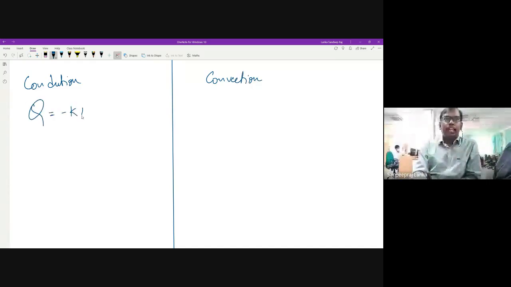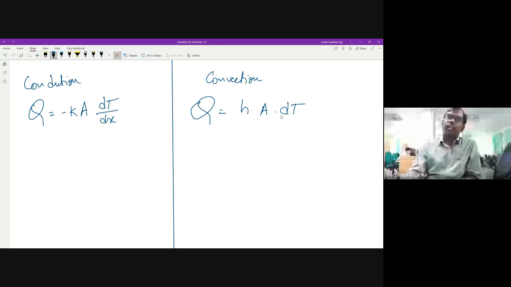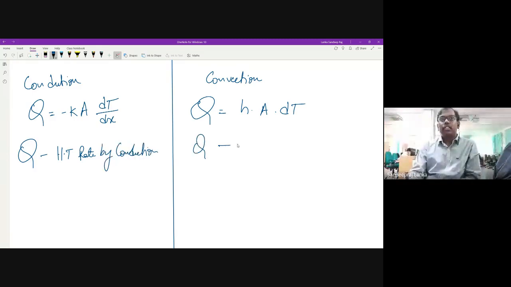Q is equal to minus kA dT by dx. Here, Q is equal to h into A into dT, or delta T, or Ts minus T infinity, whatever. When I say Q here, it is the heat transfer rate by conduction. Here, when I take Q, it is the heat transfer rate by convection.